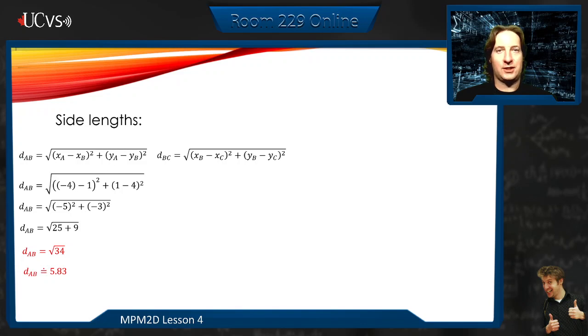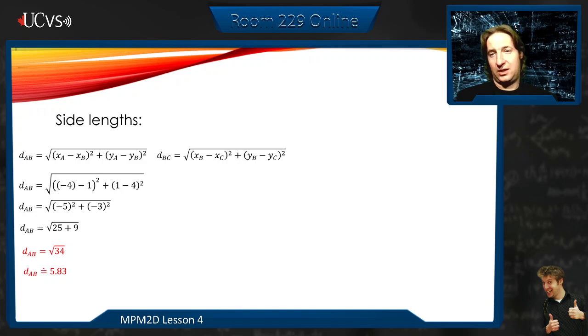It's an irrational number, we say. An irrational number means that we can't represent it as a fraction, which also means that it'll have an infinite number of decimals. So when I say that the answer is 5.83, I'm truncating that number, removing all of that information, and it becomes approximate.